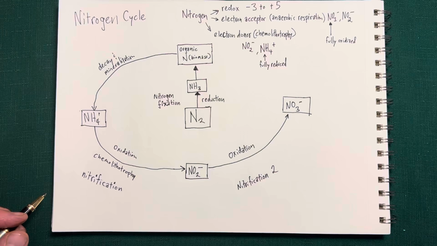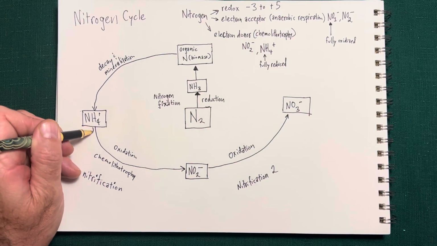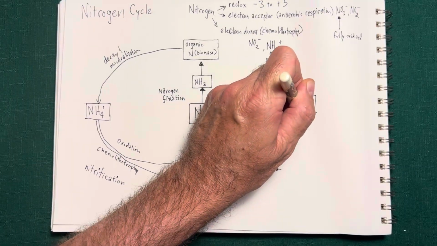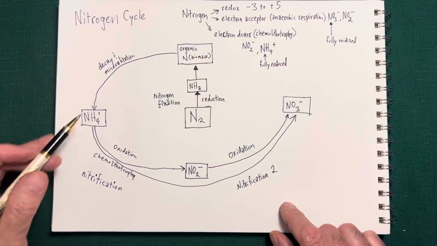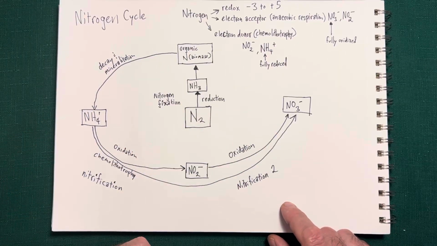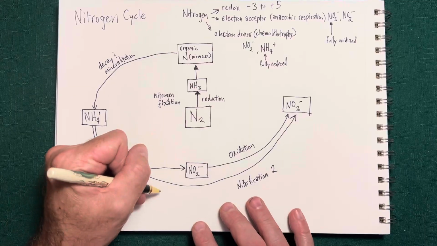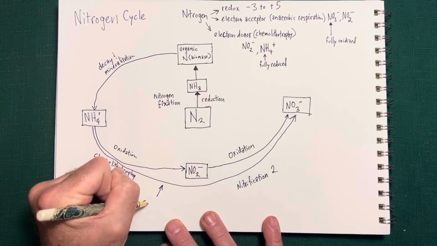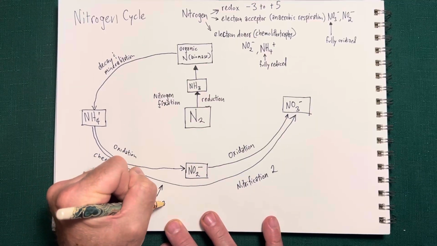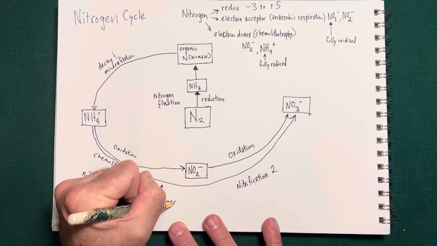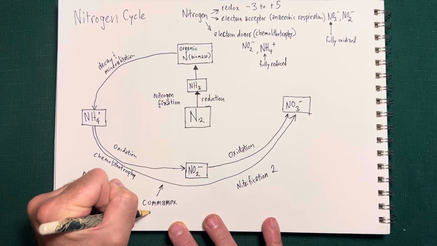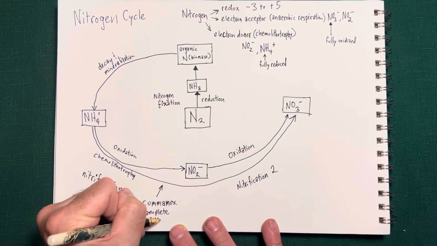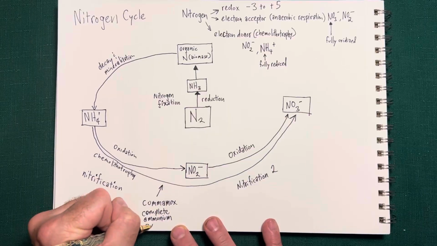But there are other organisms that can skip over that step and go directly from ammonium to nitrate. And this process sometimes is called comammox, for complete ammonium oxidation.